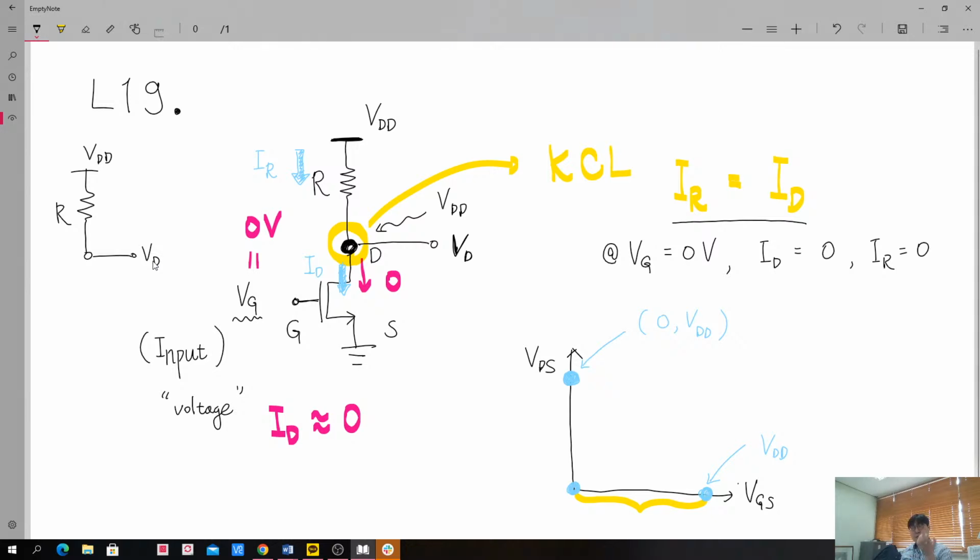Since the transistor does not conduct at all, in an electrical sense there is nothing. There is no way for our electron current to flow. So in this case, this is just a dead end of our circuit. So the voltage here will be exactly copied, and we will have just VDD.